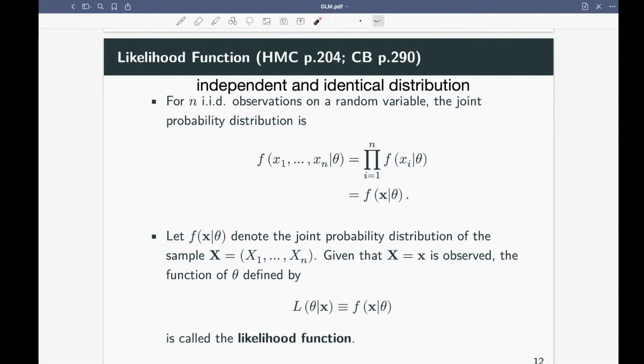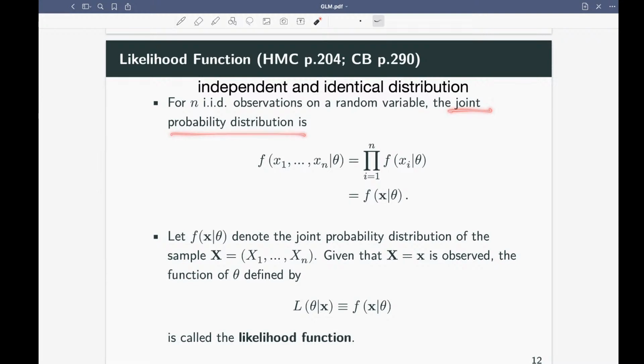Okay, so theta is the parameter we are interested in, and we have n observations here, x1, x2 to xn, and we should find a joint probability distribution.